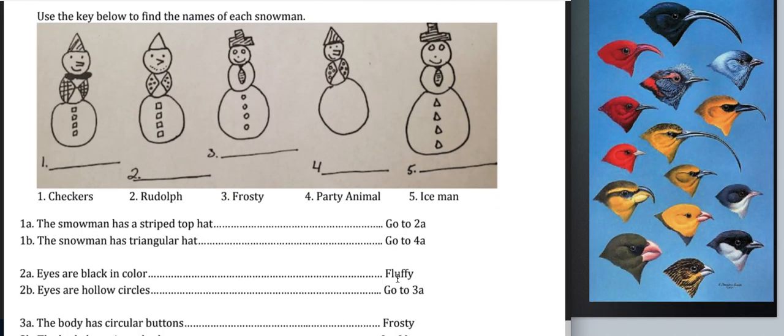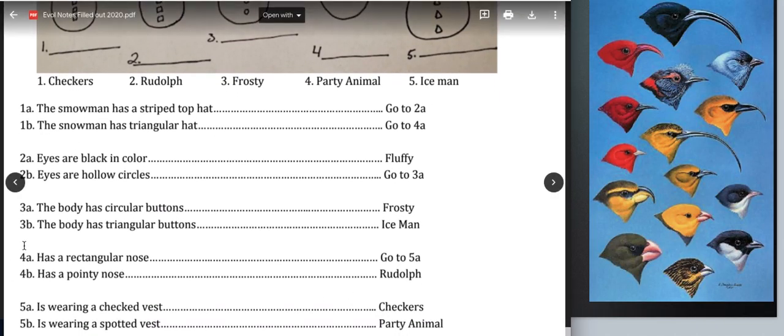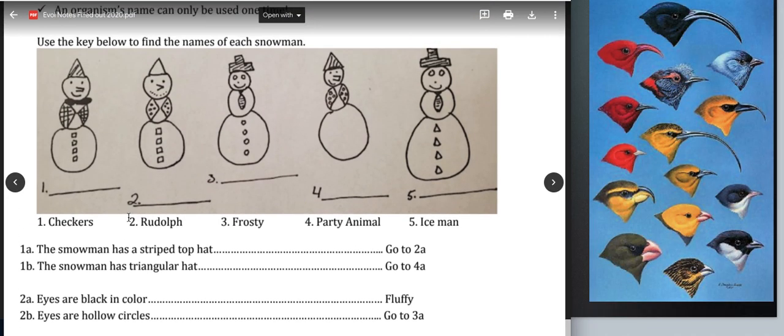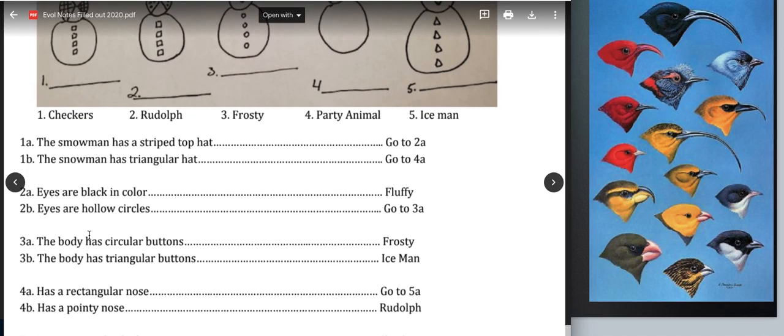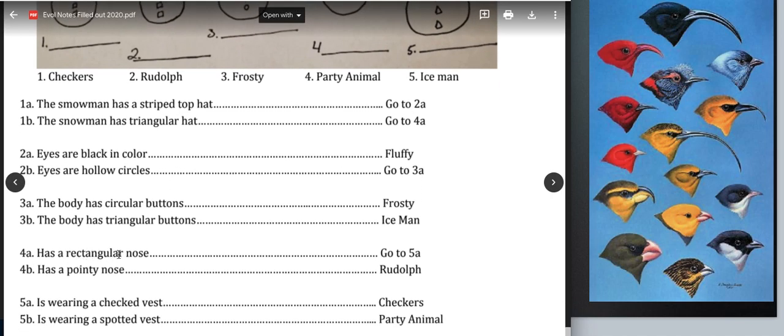So I'm going to go all the way down to 4A, and I'm going to look, does this snowman have a rectangular or a pointy nose? So here it is right here. This is a rectangular nose. Okay, so 4A, he has a rectangular nose, so I do what the key tells me.